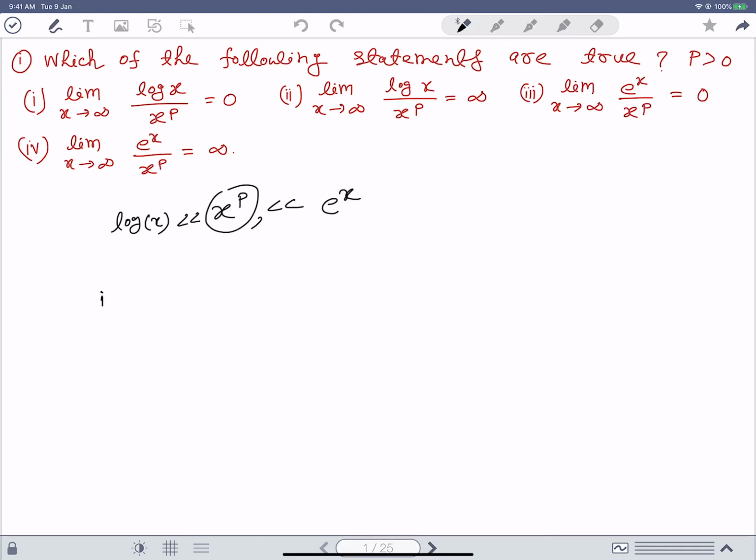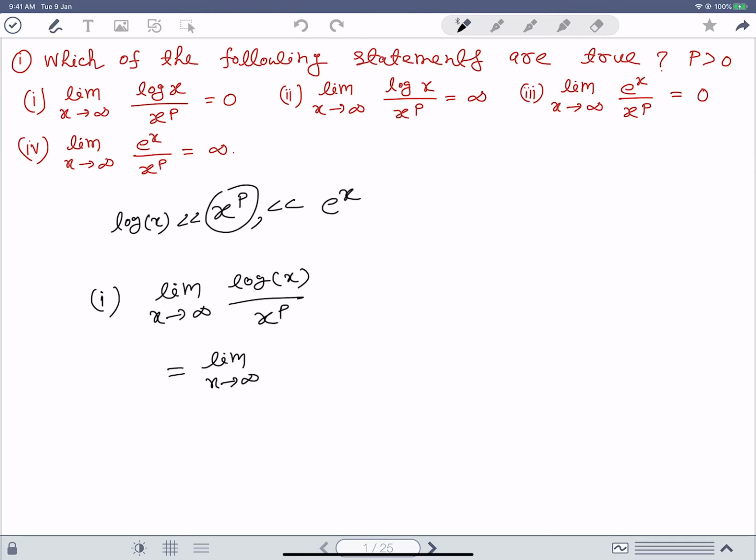So, for the first one, if we take the limit as x tends to infinity of log x by x to the power p, then we know it is an infinity by infinity form, right. Now, we can use the L'Hopital rule.